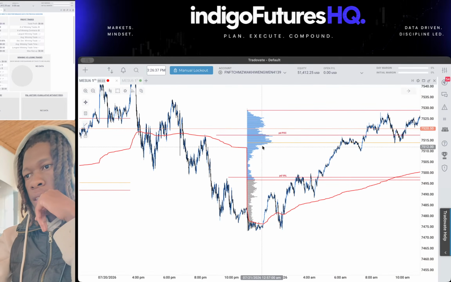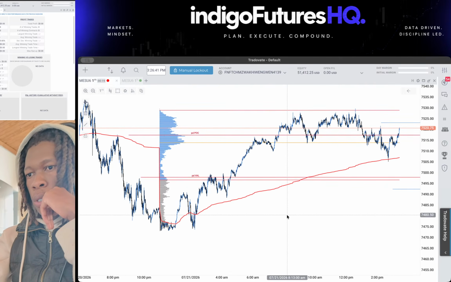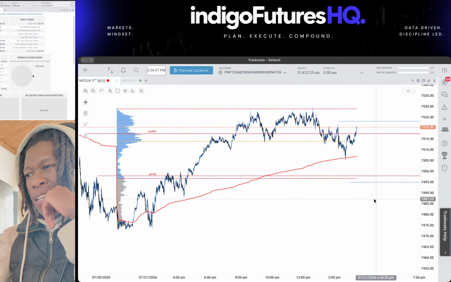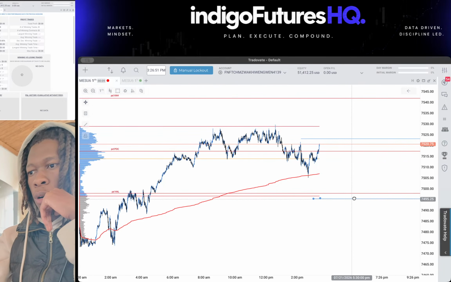So yeah, this is overnight value right now. Pretty much kind of overlapping. Almost, not really, but almost overlapping.